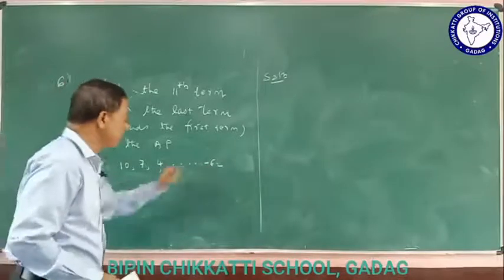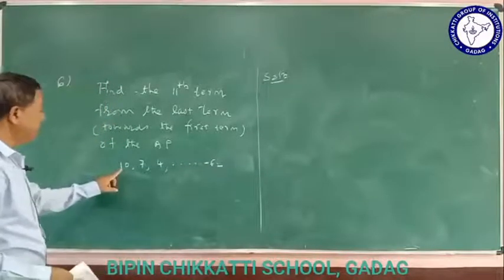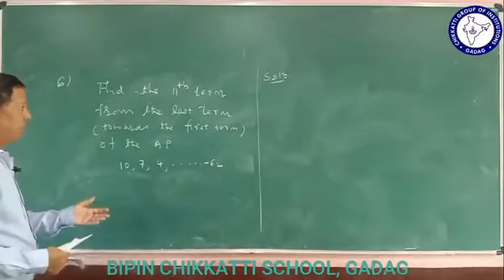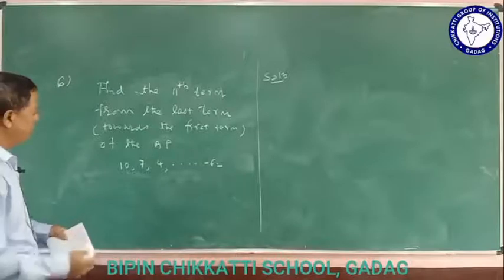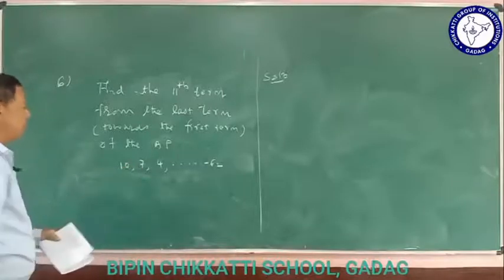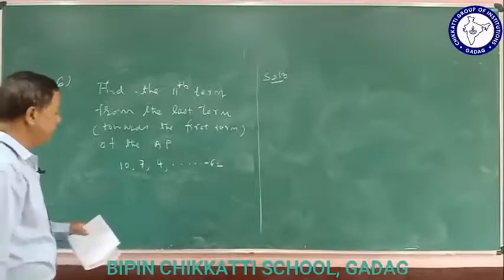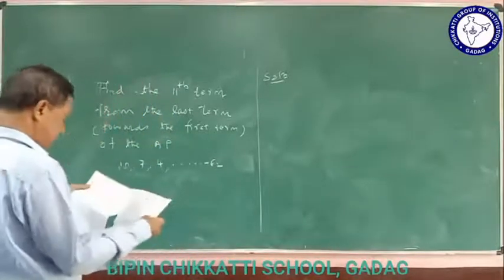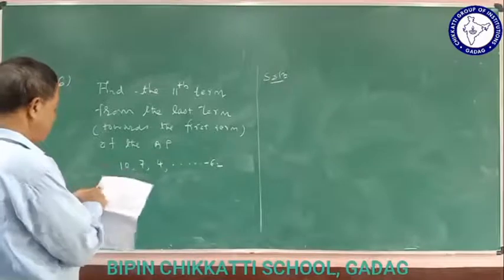The first term is minus 62, and the nth term is 10. The common difference is changing: the plus becomes minus. Here 7 minus 10 is minus 3, and when you write in reverse order, it becomes plus 3. That is how to find the result.